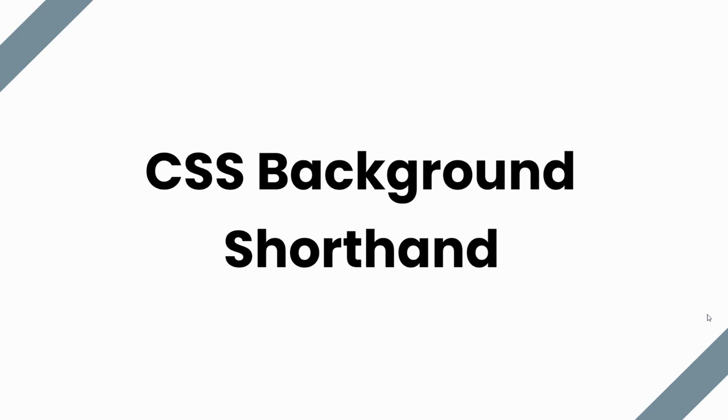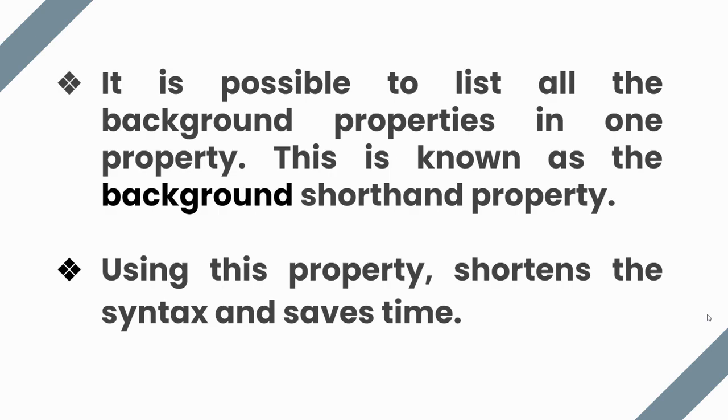So we'll be seeing this background shorthand in more detail. It is possible to list all the background properties in one property. Yes, this is true. The background image, background color, background attachment, background position, we can see all of these within one property rather than declaring them as individual properties.